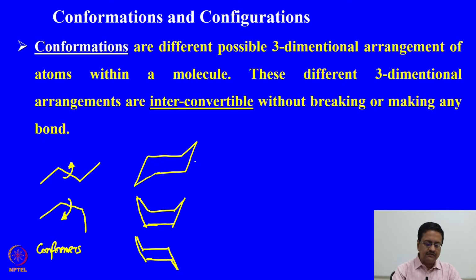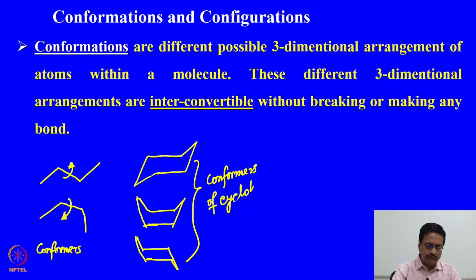These are different conformers of cyclohexane. These different forms can be interchanged by bending or twisting the molecule, and these conformers are temperature dependent. At lower temperature, the conformation which has lower energy is more stable, and at higher temperature we start seeing different conformations of a given molecule.